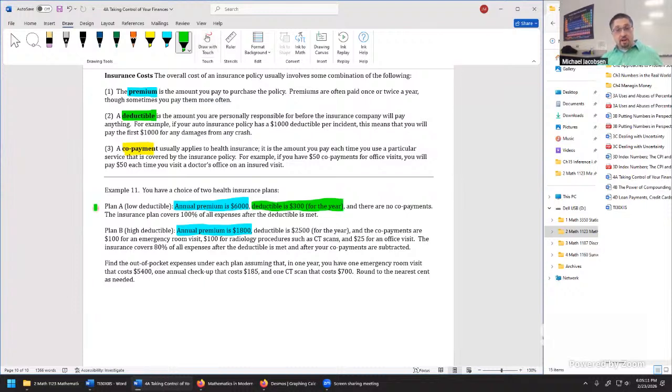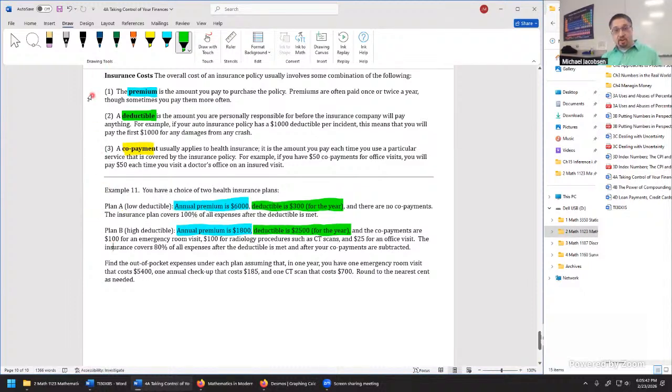So anything that goes beyond that initial $300 cost, which we're on the hook for, it'll be completely covered after that point. Insurance is making up the cost on the high premium. For the Plan B, the high deductible one, we are responsible 100% for everything up to $2,500. Then it starts covering the cost, but not at 100% like Plan A does. This one's kind of a nice policy.